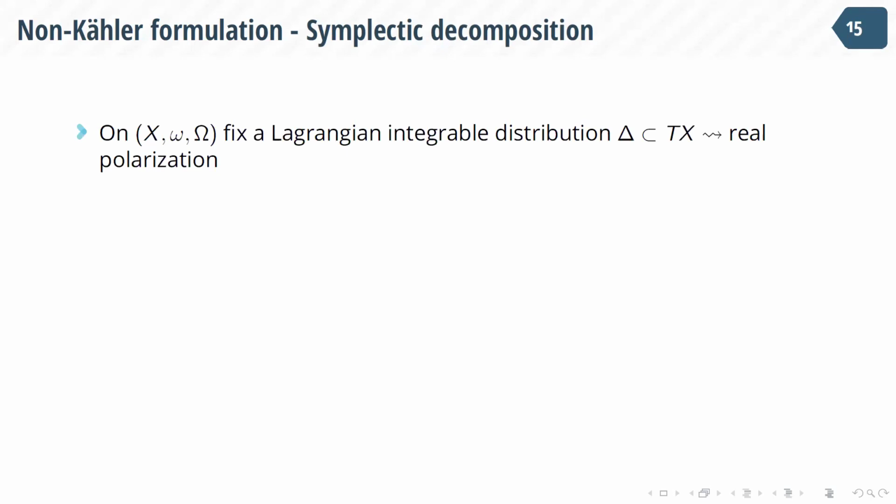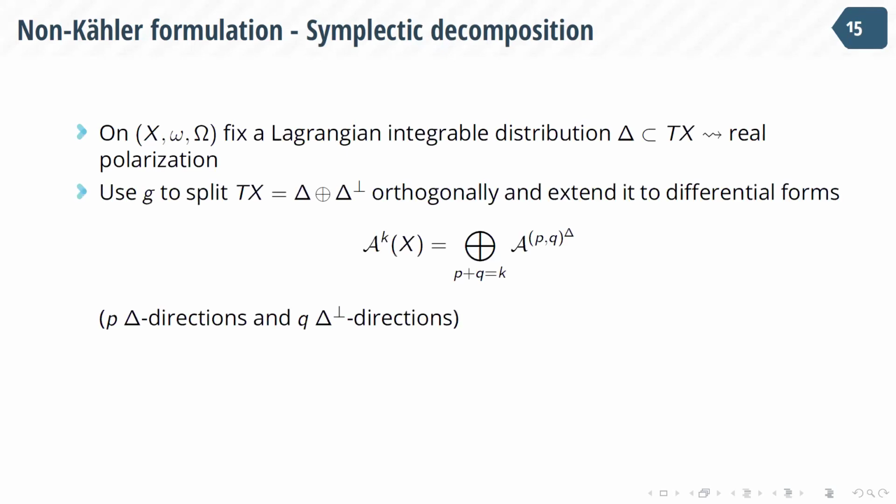This is also called a real polarization. Since we are in the context of an SU3 structure, we have a metric, and we can use the metric to split the tangent bundle orthogonally and extend this decomposition at the level of differential forms. So we have the P direction along the distribution delta and Q along the perpendicular one.